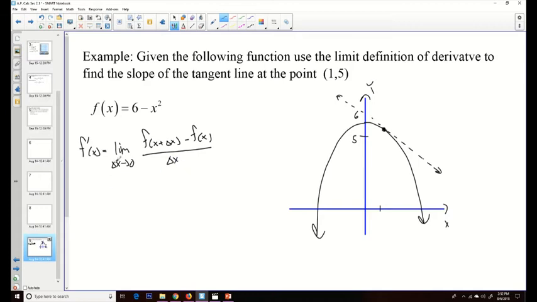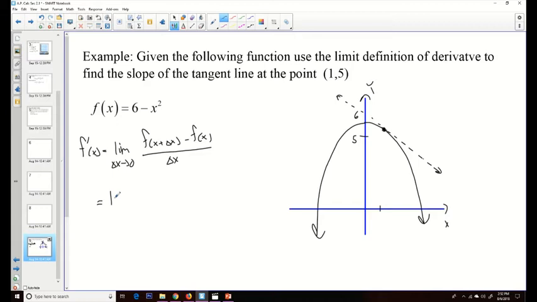Now clearly, if we let delta x go to 0, I get f of x minus f of x, which is 0, and I get 0 on the bottom. So if we did a direct substitution in the limit form, we would get 0 divided by 0, which is undefined. So we have to do something about that. That's what we're doing with all of the limit definitions of derivatives: we're trying to figure out a way to cancel out that undefined value.